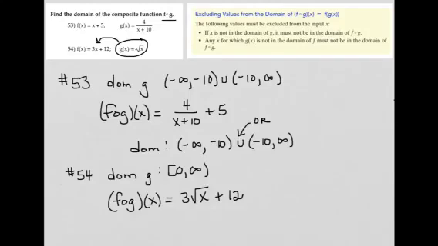Now this doesn't change anything because the only values we have to exclude are values that we can't use in the radical. So again, the domain is from 0 to positive infinity. And those are our answers for those two problems.